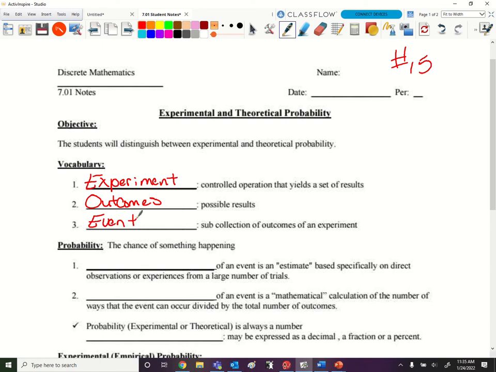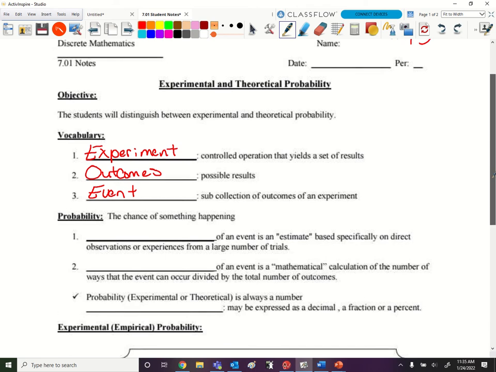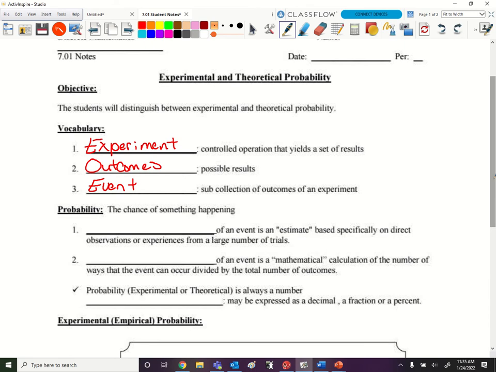Now, probability, the chance of something happening. So we have two different types here. We have experimental or empirical probability.